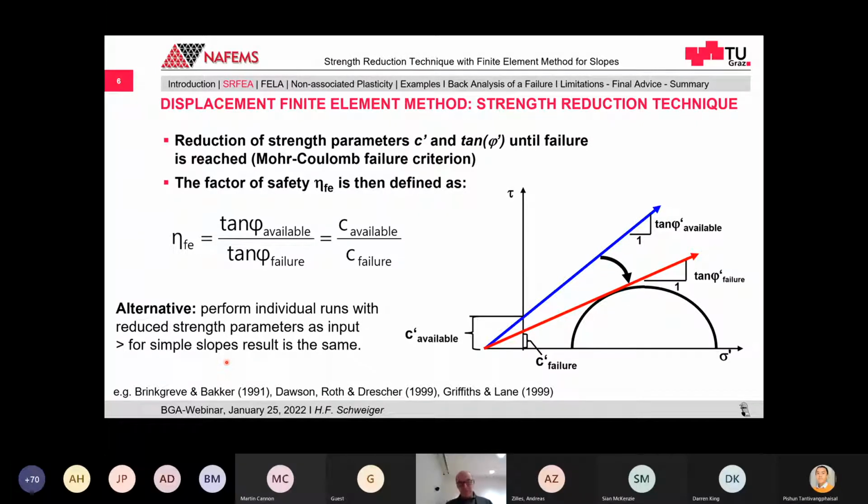Now for simple slopes, the result is exactly the same. So we tried that with many students in master's theses, and you actually get the same result. Now if you apply this method for more complex geotechnical structures, like let's say deep excavations with multiple levels of struts or anchors, then you have to be a little bit careful. So that is what it is done, nothing else.